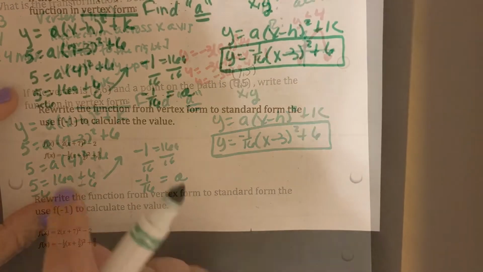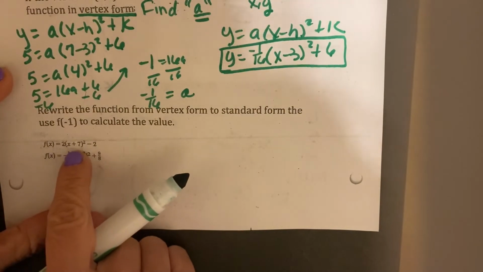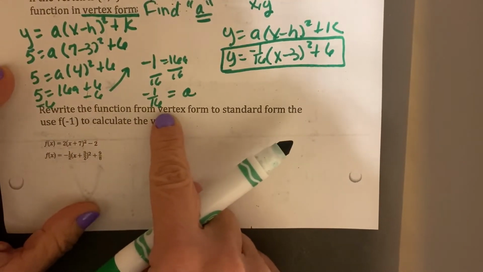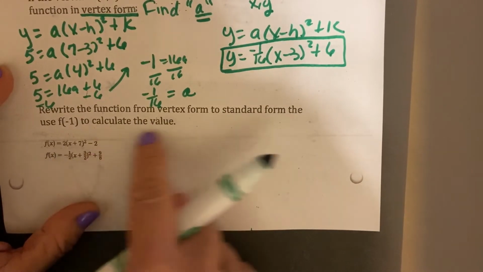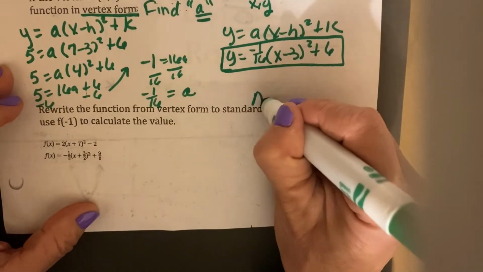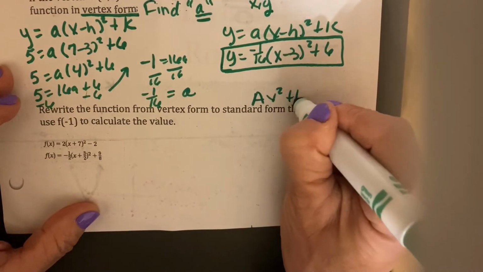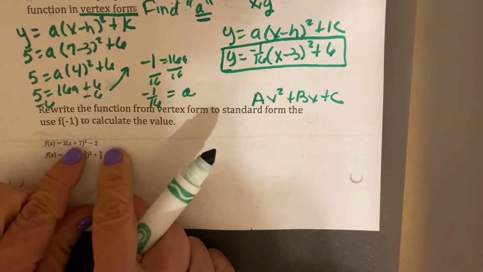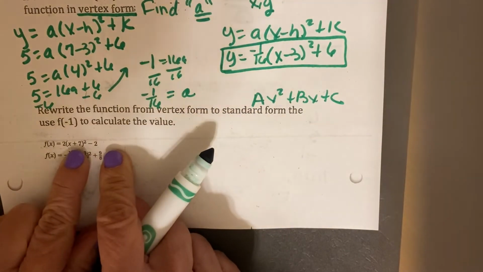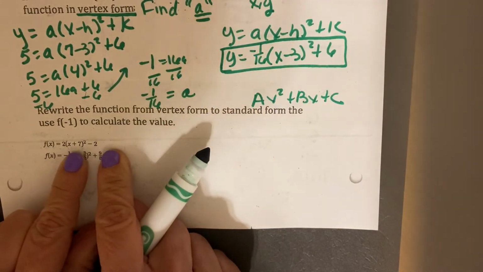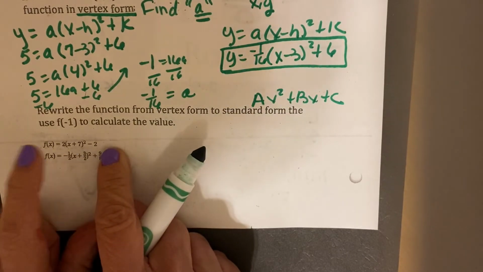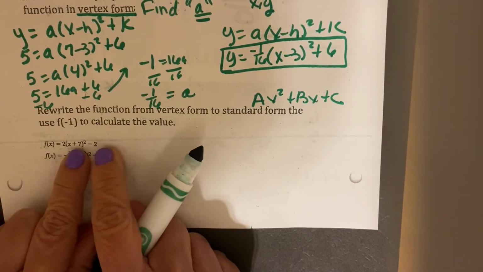All right, so we're going to start with 2(x plus 7) squared minus 2. It says, rewrite the function from vertex form to standard form. So standard form is ax squared plus bx plus c. Since this is in vertex form, I already know what my vertex is. My vertex is going to be negative 7, negative 2.